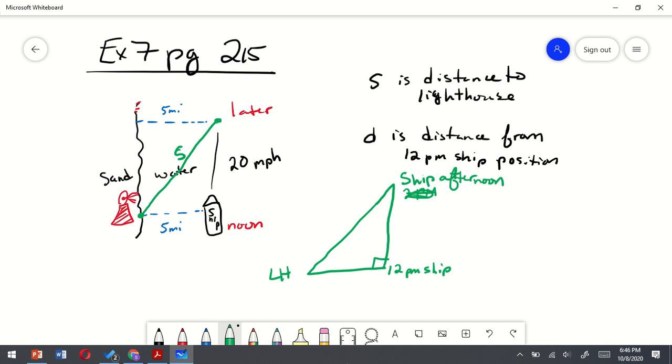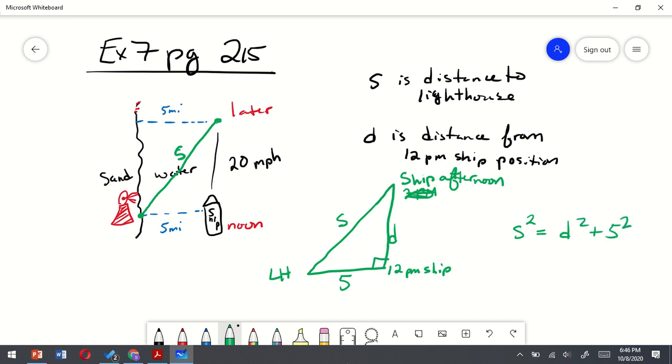The distance between the ship now and the lighthouse is called S. The distance from the ship's position at noon and where it is now we call D. And the distance between the lighthouse and the ship's path we know is 5 miles. So by Pythagorean theorem, I can set up that S squared equals D squared plus 5 squared.